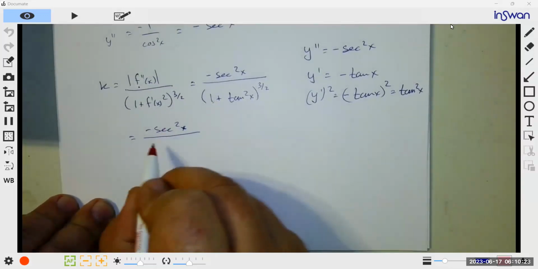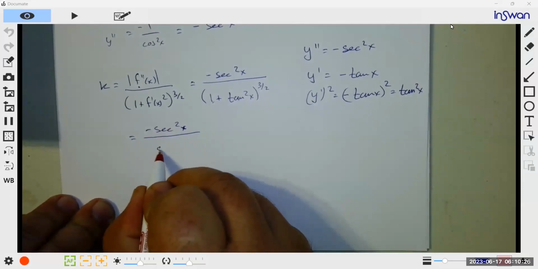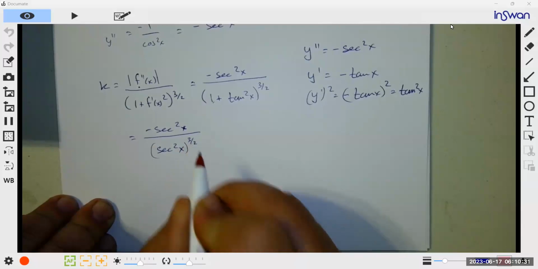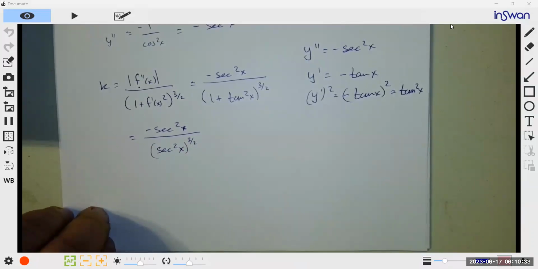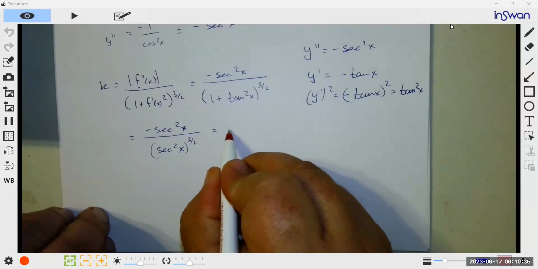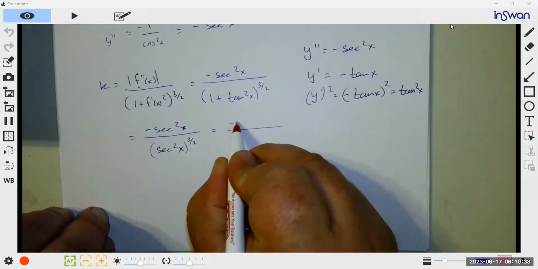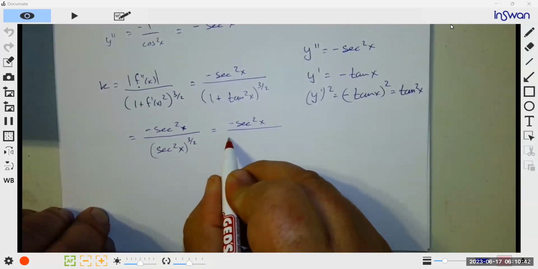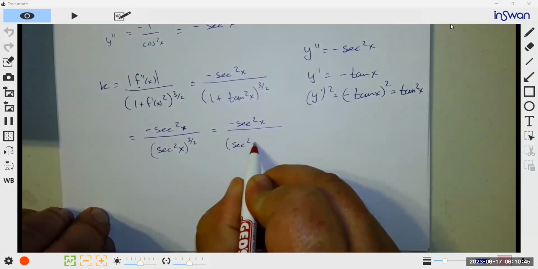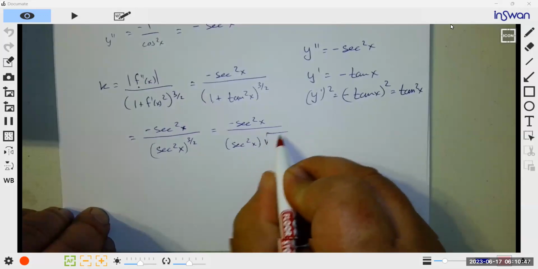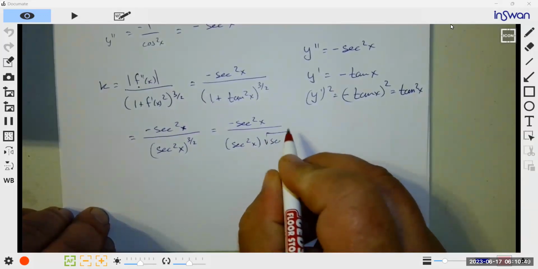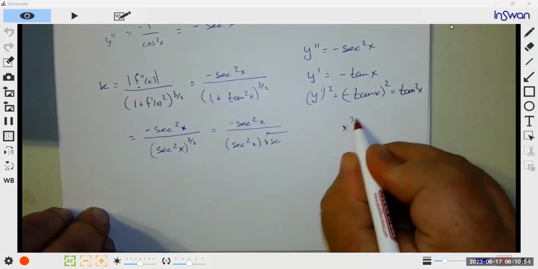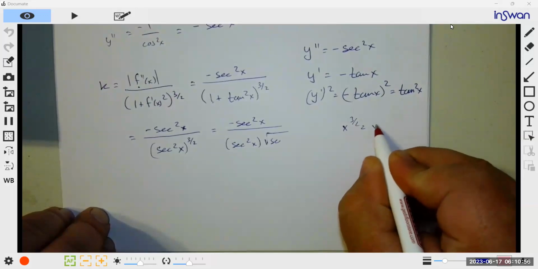One plus tangent squared is an identity. It's secant squared x. Again, that is secant squared x times the square root of secant, because x to the 3/2 is x.